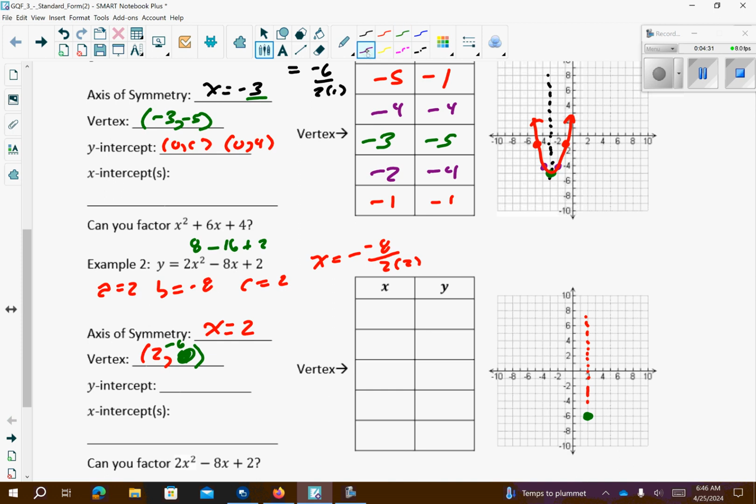If we do our pattern graph now, it's a times 1, 3, 5. My a value is 2, so I'm going to make this 2, 6, 10. I'm just going to multiply everything. So I'm going to go right 1, up 2, left 1, up 2. So I have my vertex at 2, negative 6, and then I have those other points at 3, negative 4, and 1, negative 4.